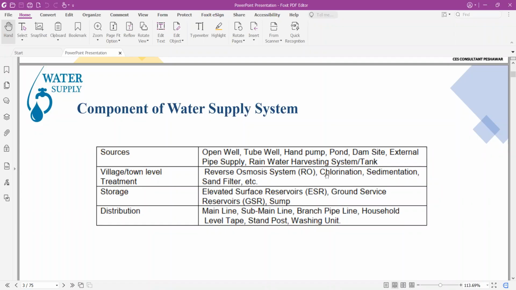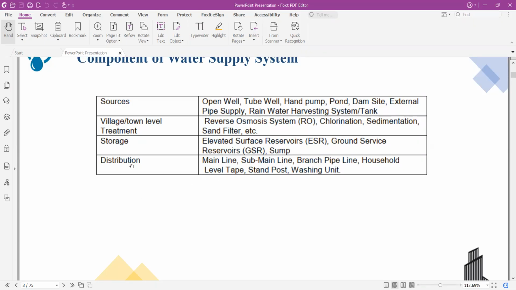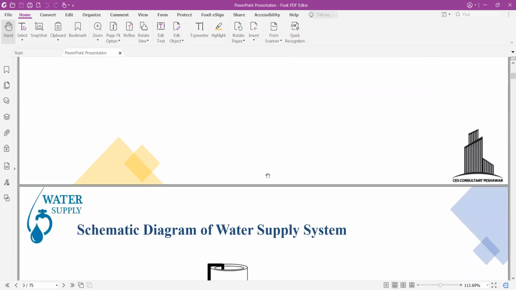We can also treat through chlorination, sedimentation, and sand filter, etc. After that, we store the water depending upon the condition in an elevated surface reservoir, ground surface reservoir, or maybe in a sump. After storage of water, we distribute it through the main line, transmission line, sub main line, branch pipeline, household level tap, stand post, and washing unit.